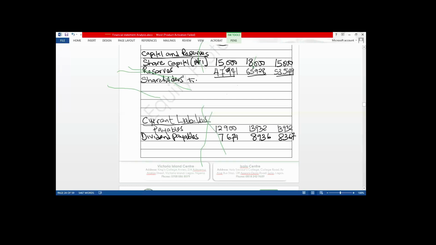Please sum together. This is 62,971 for 2017, 83,928 for rights issue, and 68,549 for debt. Then you can pick your non-current assets.